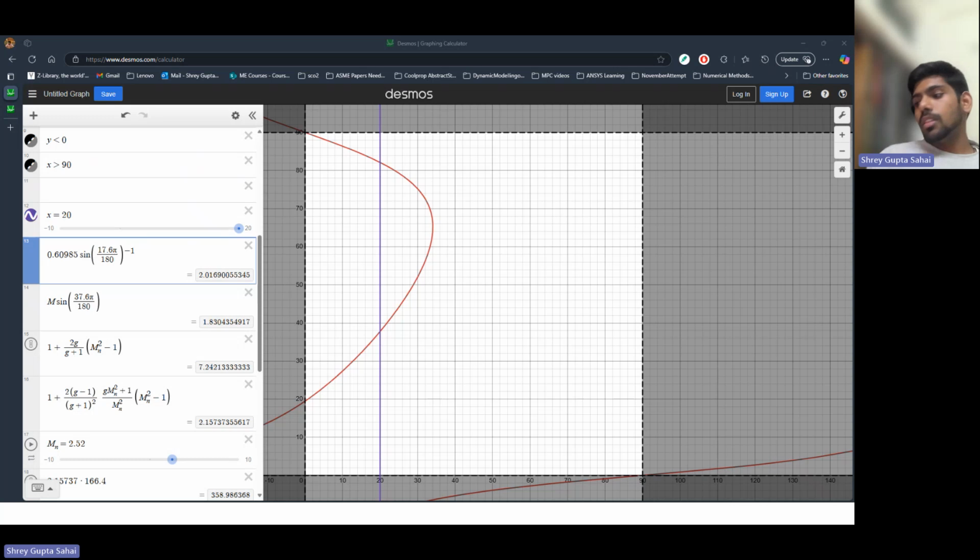In the direction perpendicular to the oblique shock, we're going to use that relation, because static conditions will not change with rotation of our coordinate system. So P2 by P1 will be a function of Mn1, sorry. Okay, so let's calculate that.